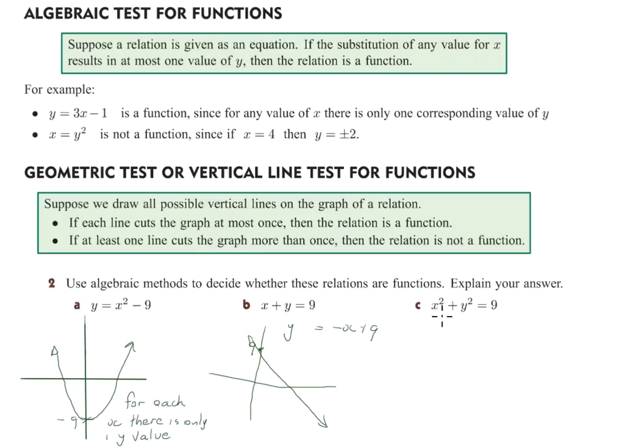On the other hand, when I look at the algebra, I look at the equation for C, I recognise that as a circle equation. It's a circle whose centre is 0, 0, with a radius of square root of 9, radius of 3. So if this here is 3, all the way around.